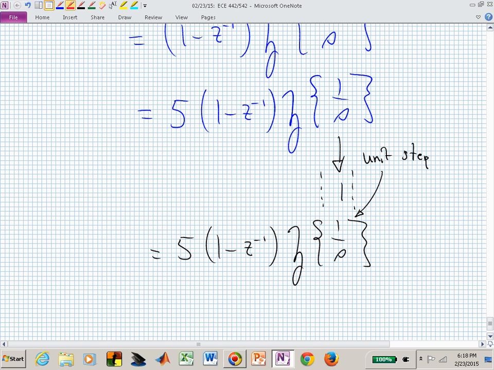It has a column with the time domain expression, the Laplace transform of that time domain expression, and then the corresponding Z transform of that S domain expression. You could now look up that 1 over S and find it. If you use the old table, this would be, I believe, row number 6 in the Z transform table.